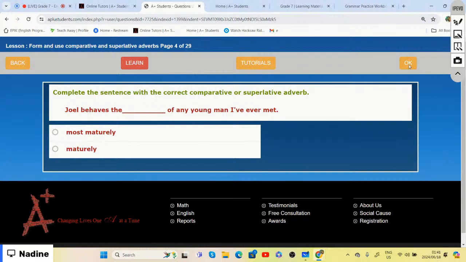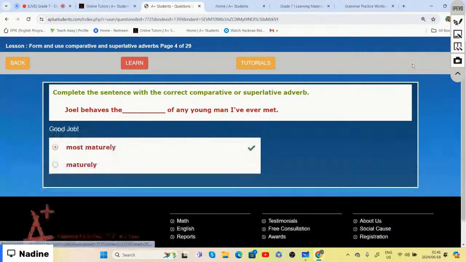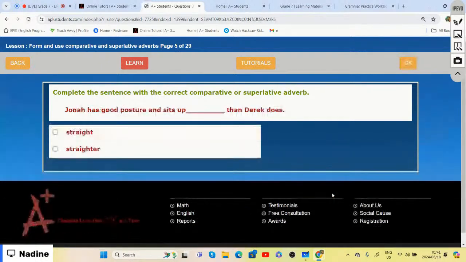And it says Joel behaves. We can say most maturely of any young man I've ever met, right? Because he's being compared to other men or boys.